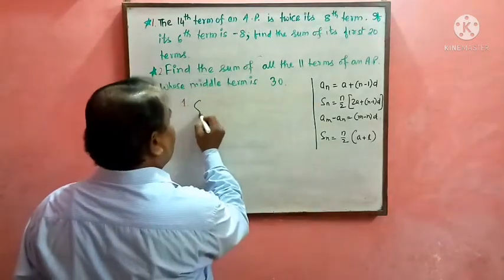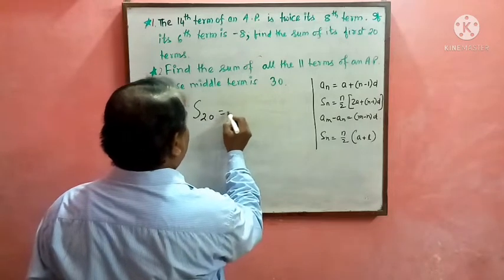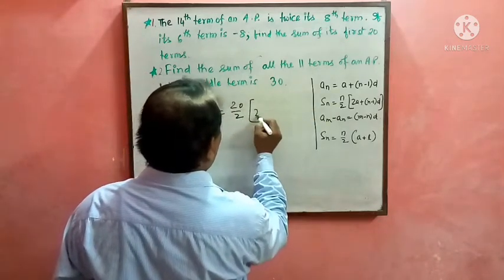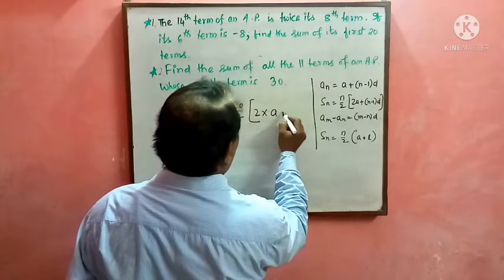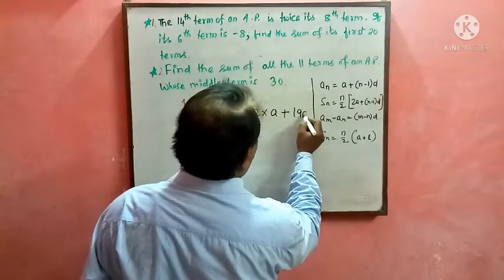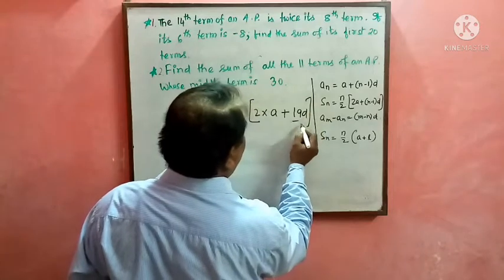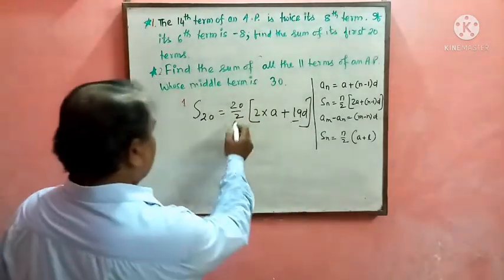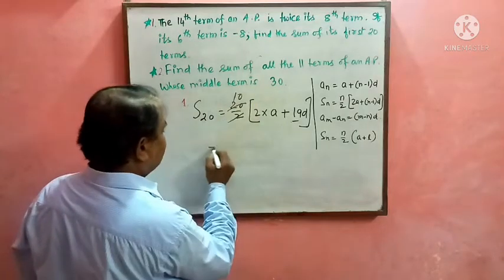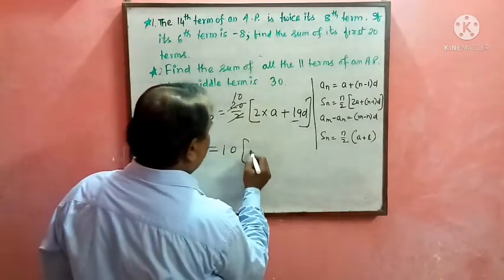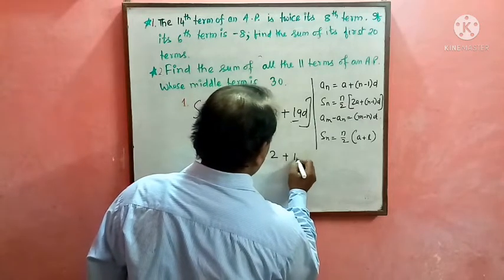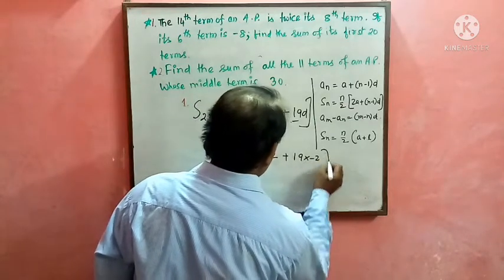Sum of 20 terms, S20, is equal to this identity, 20 upon 2, 2 into A plus 19D. You know, this is 20 minus 1, one less than the number of terms. So this is 10 and this is 2 into A, which is 2, plus 19 into minus 2.